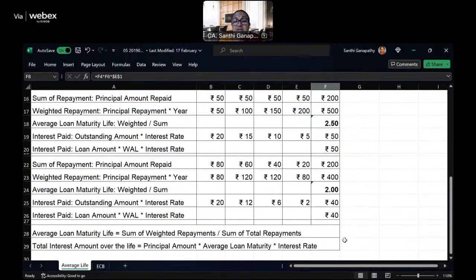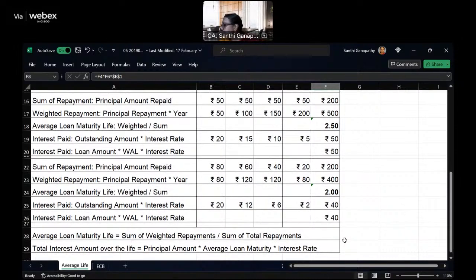So here in this problem, we have weighted average life. How will it be useful to us? By finding interest, we require that because you do not have the repayment schedule, the loan structure, the interest structure is not given.